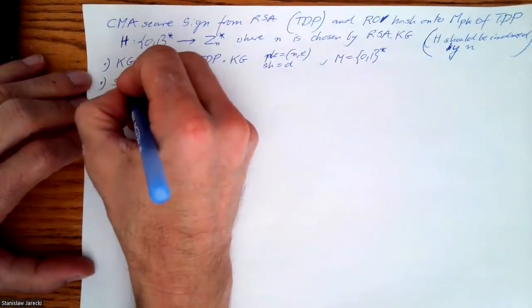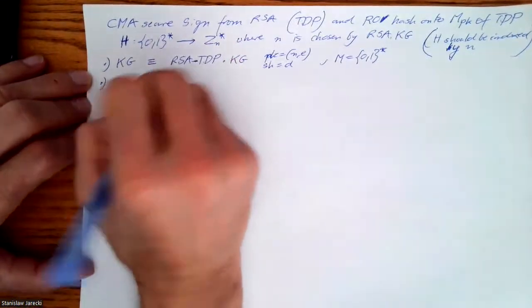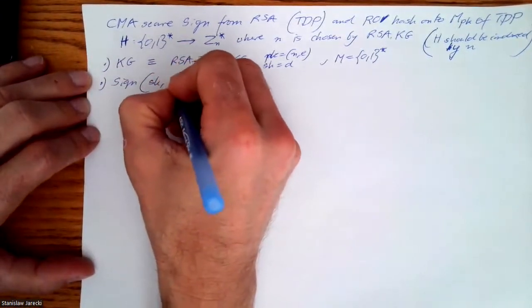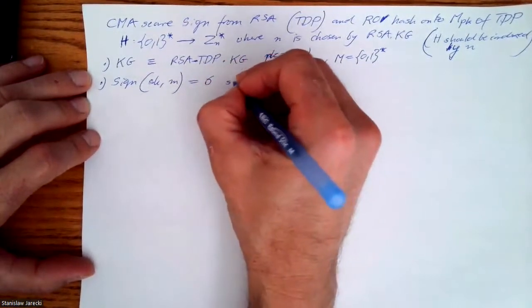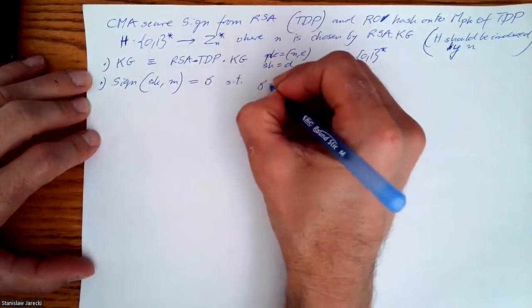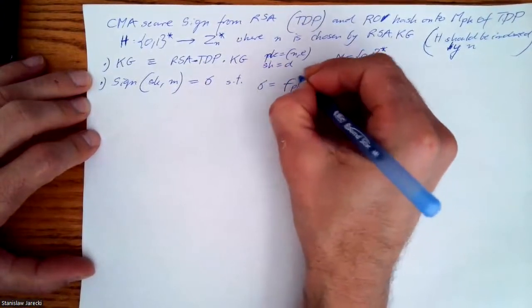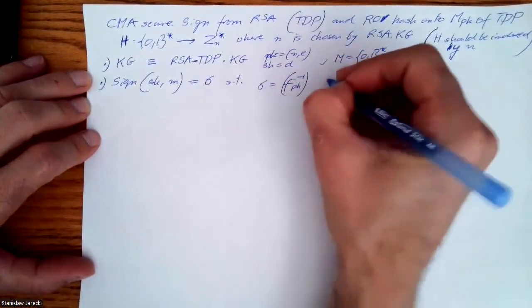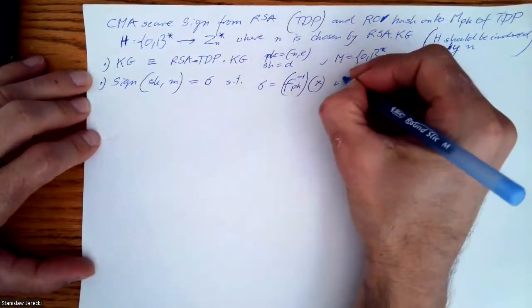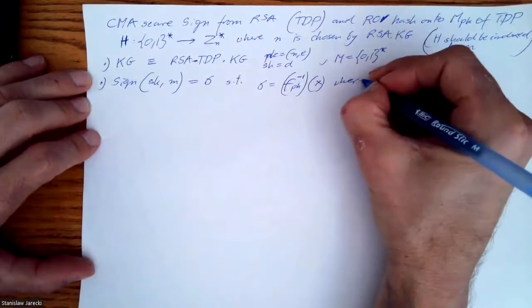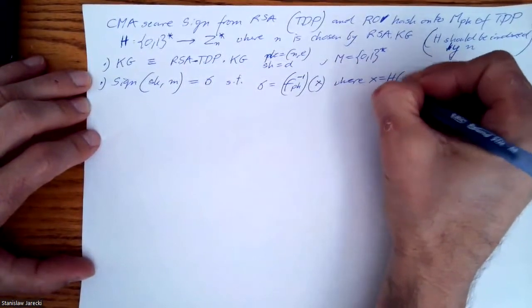And in order to sign using the secret key and a message, you output sigma such that sigma is the inversion of this one-way permutation applied to point x, where x is the hash of the message.